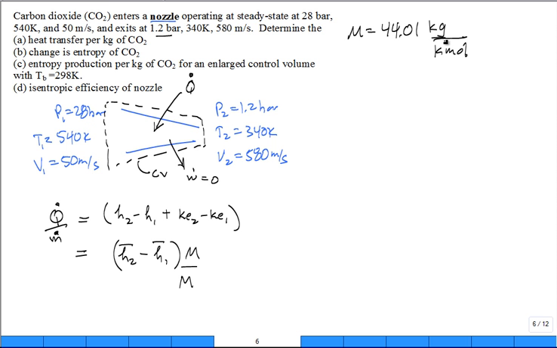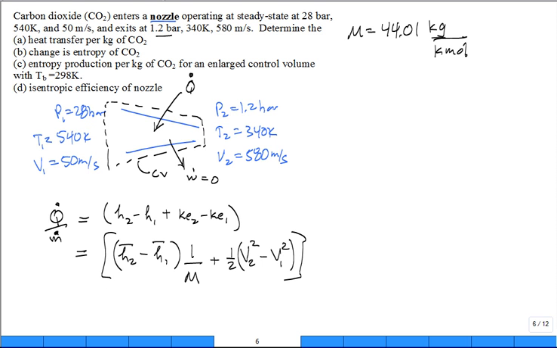So which way do I want to go? Divide by cap M? Yeah. Look good? And now, what about these kinetic energies? It's 1/2 the velocity at the exit squared minus the velocity at the inlet squared, right? Okay.